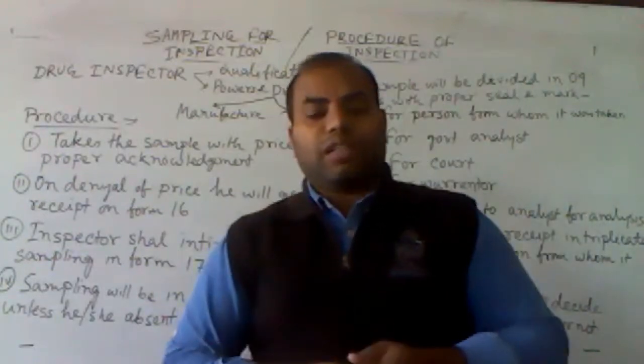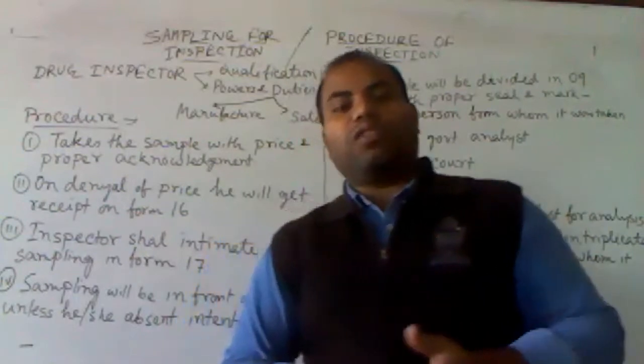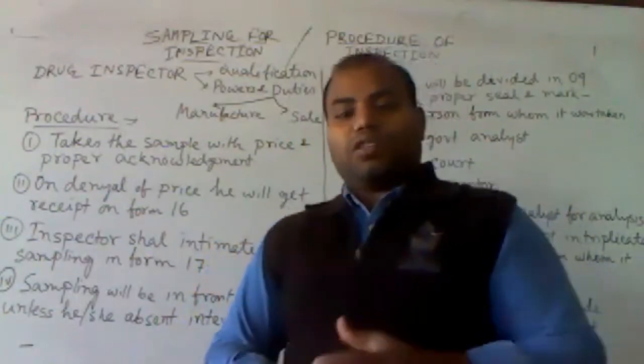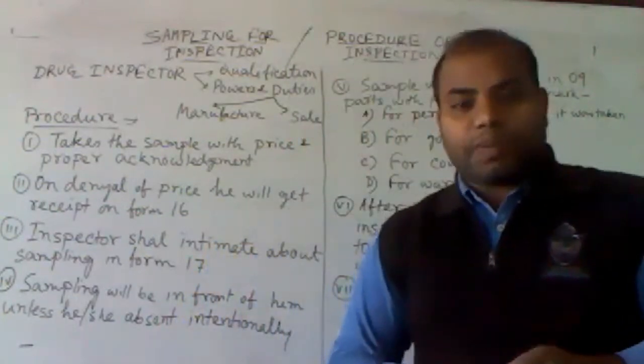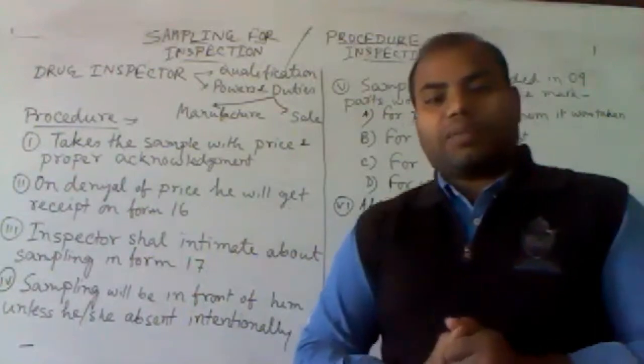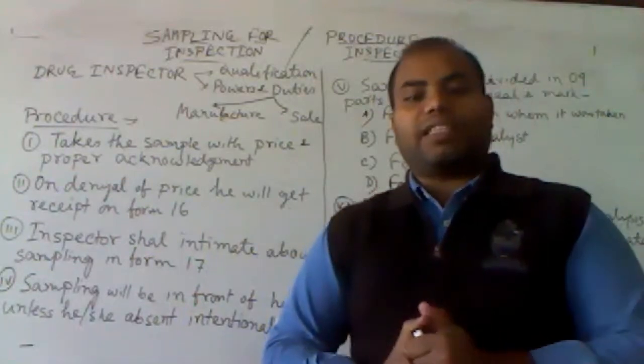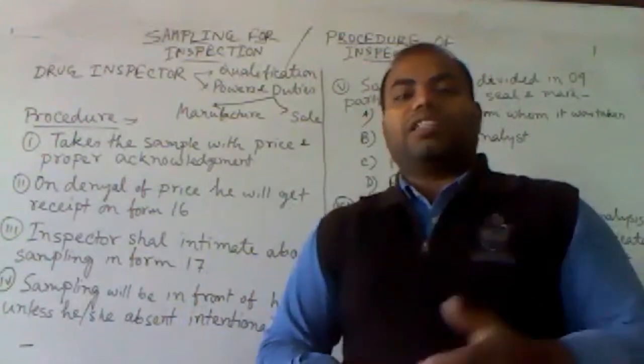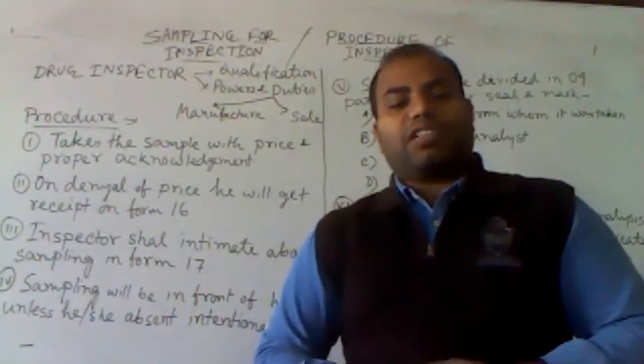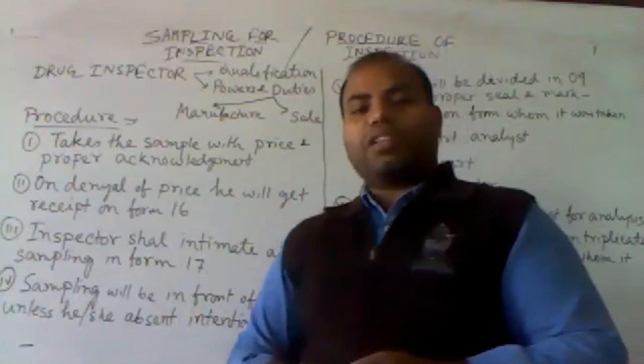It is how the process is done in real time, so that the drug inspector can inspect any drug or cosmetic substance for its quality, safety and standard, which reaches the ultimate customer, that is the consumers or the patients.